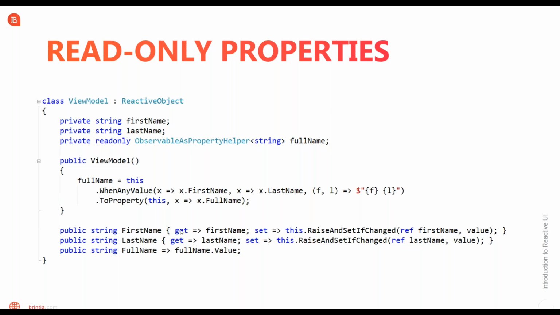It's just the getter and the setter compressed in one line, and we are allowing the user to modify the first name and the last name via a two-way binding. Since the full name is derived from the first and the last name, how do we define this full name?